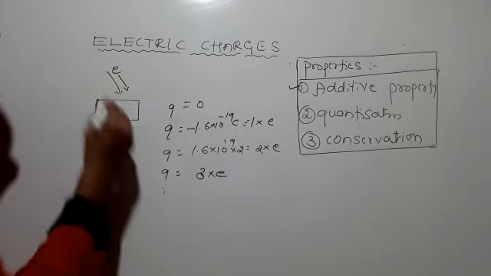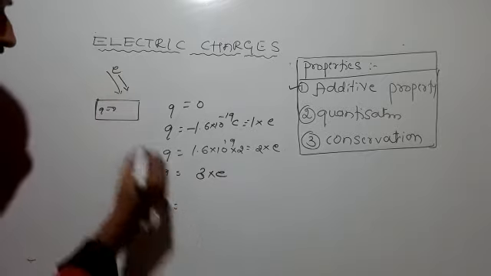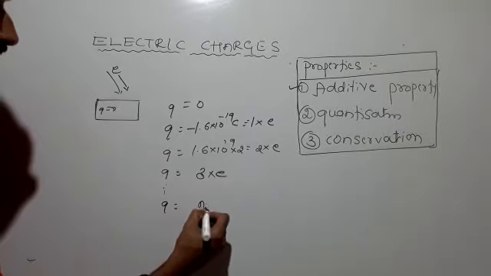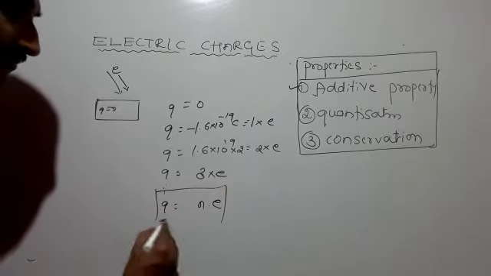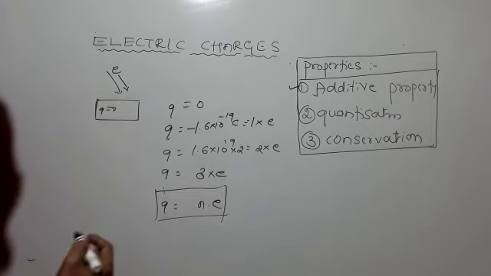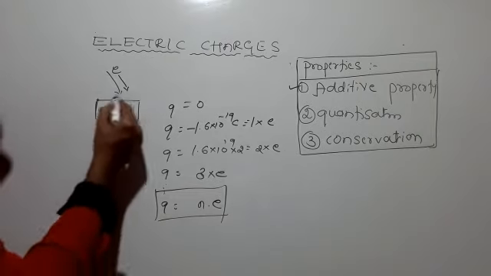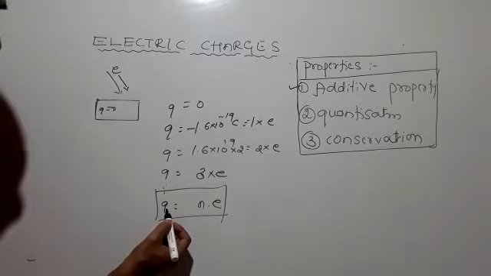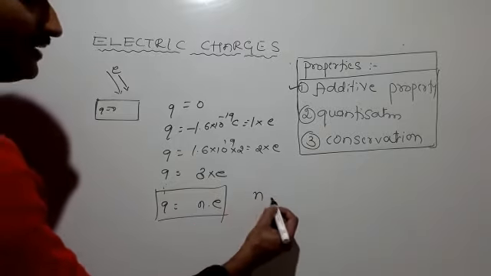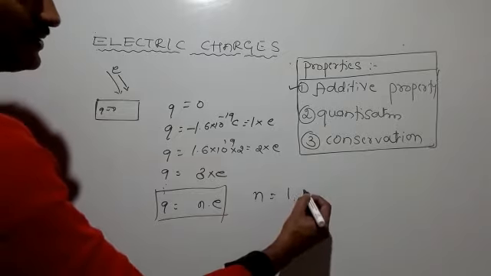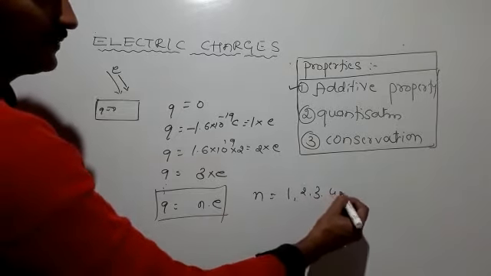Similarly, if you add n electrons, then the total charge on this conductor will be n into e. That means, in general, the charge on any conductor will be given by Q is equal to n into e, where n is an integer like 1, 2, 3, 4, and so on.